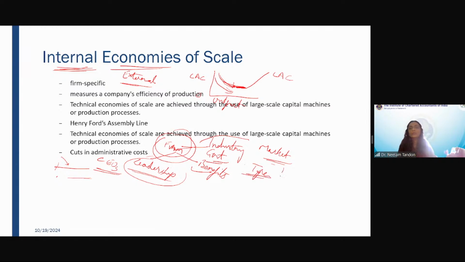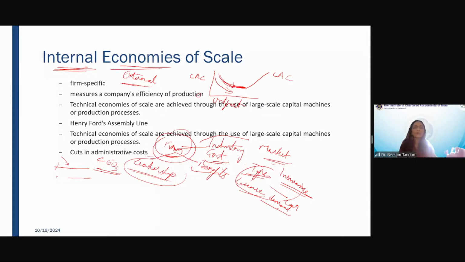The insurance sector gets more developed. Getting a driving license becomes easy. So what will happen? All these factors are going to lead to what? More car demand. And as car demand increases, your production will increase, you will be getting more benefit. So these are external factors.